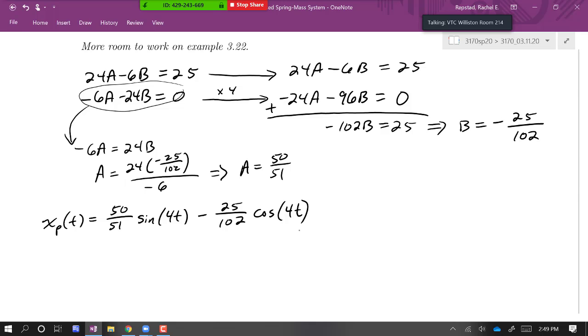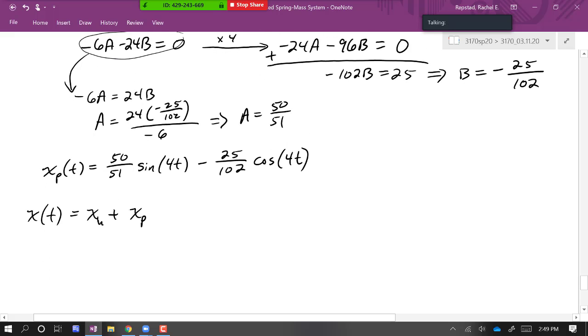All right. Now our total solution for that position function we get just by adding the homogeneous and the particular. So the homogeneous was e to the negative 3t times c1 cosine t plus c2 sine t. And now we know our x particular.